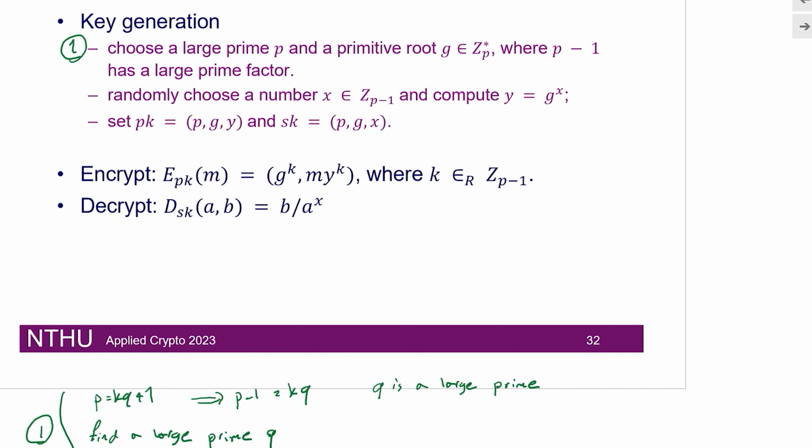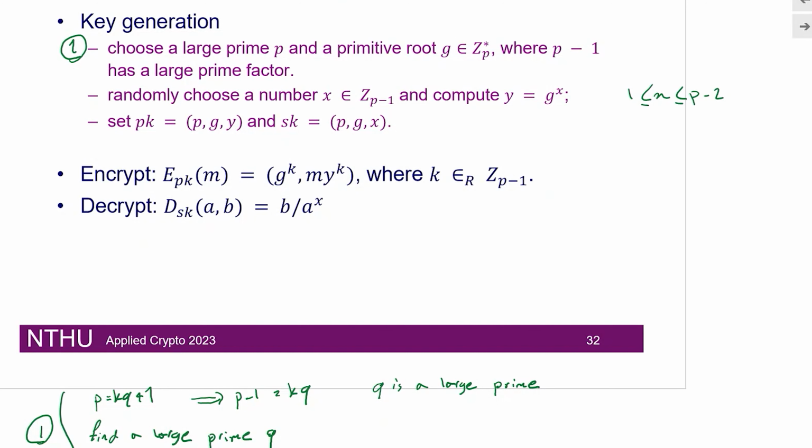And then the primitive element, or generator, I think it would be easy for you now to understand how to find it. The next thing is that we choose a random number x, and x has to be in the group Z_{p minus 1}. That means x has to be greater than 1 and less than or equal to p minus 2.